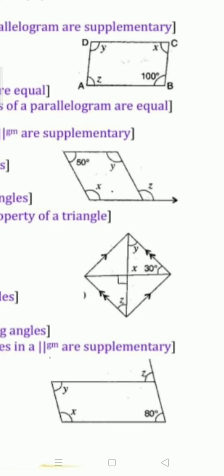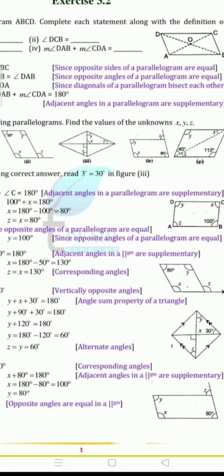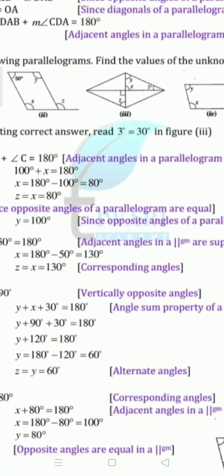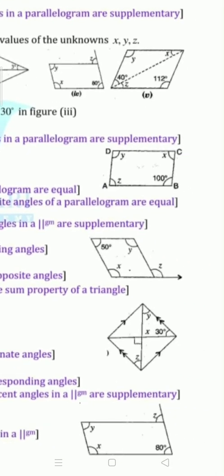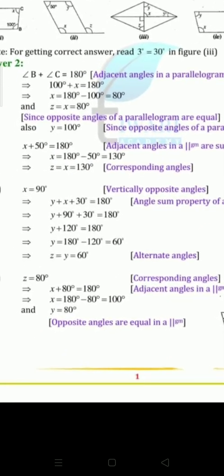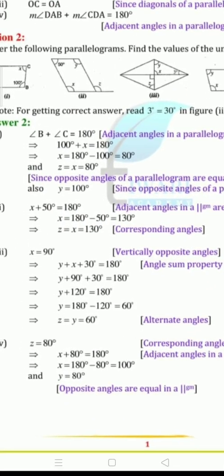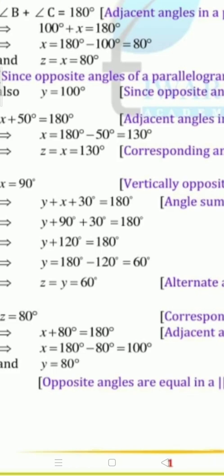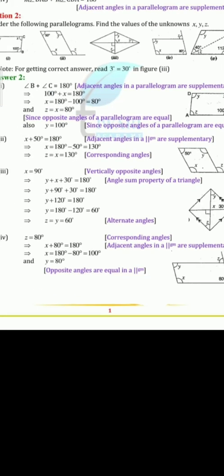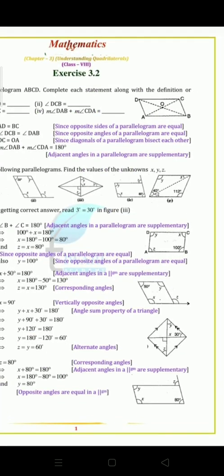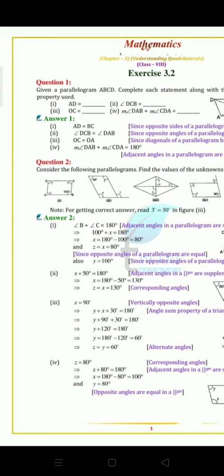So if y you have found is 60, z will also be 60. See the explanation over here: z is equal to y is equal to 60. The reason given is alternate angles. Clear?